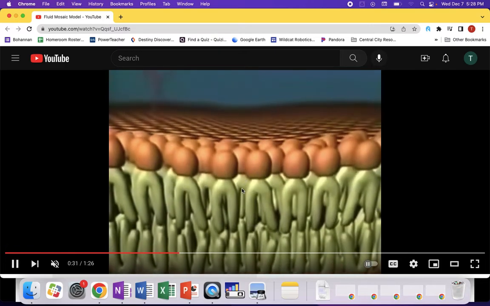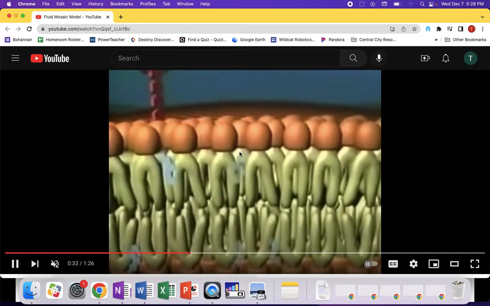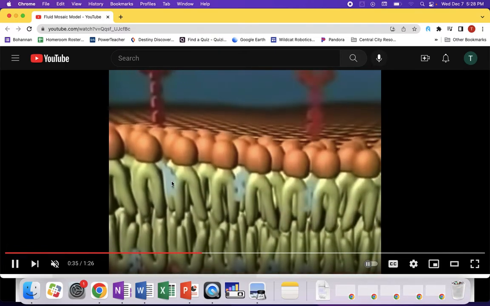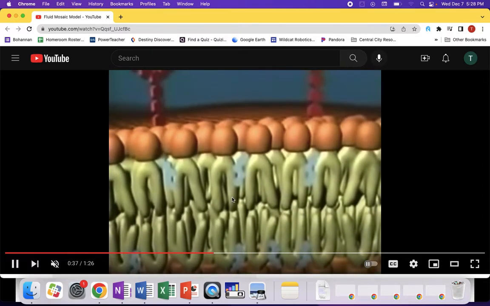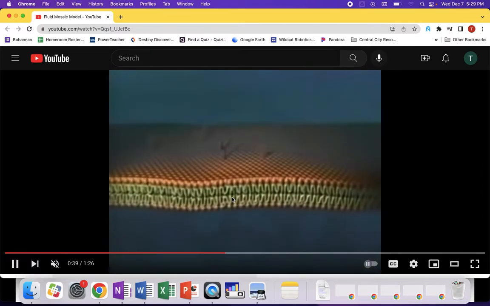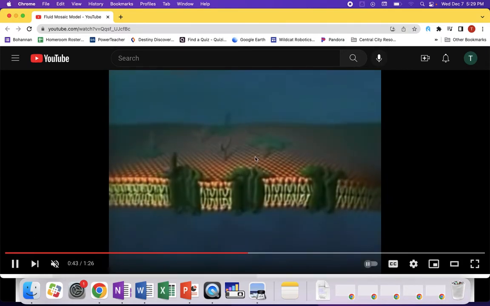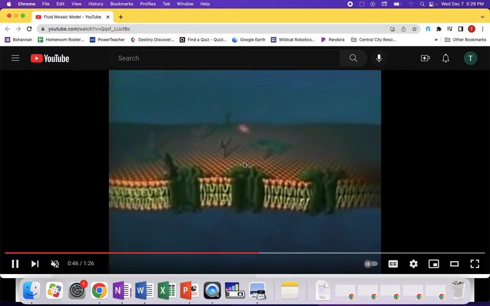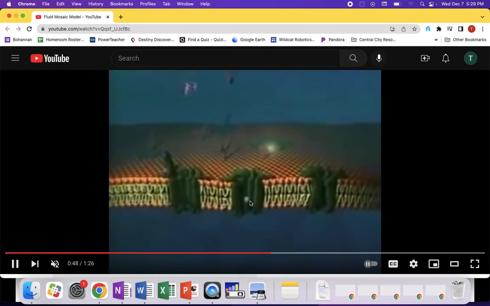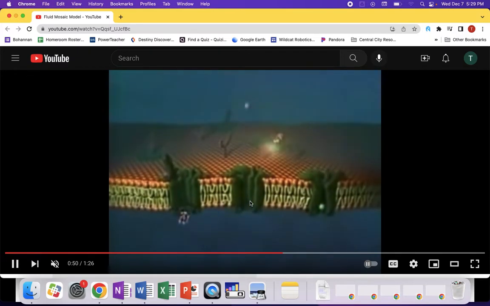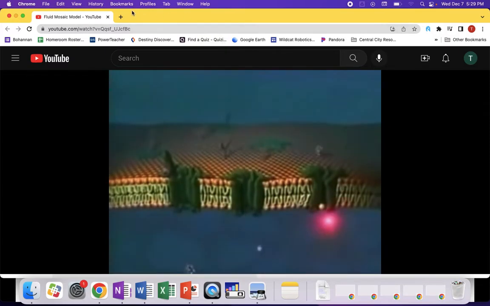We see our phospholipids, and notice how they're moving, flowing. They're not staying in one place. This is a computer model of what we feel exists for the cell membrane. You'll notice the protein channels are in there, and that allows things to go in and out. We'll talk about that process more in the next unit when we talk about cell transport.